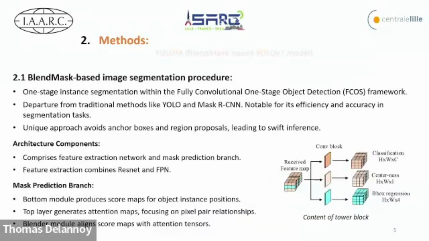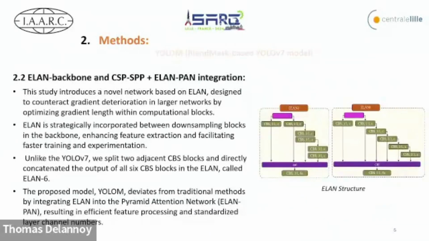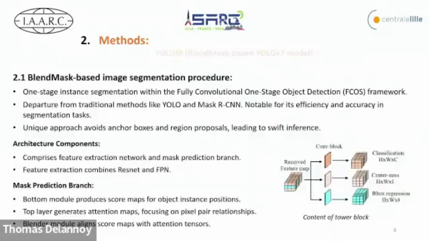Our methods have two parts. The first part introduces the BlendMask-based image segmentation procedure, and then we introduce the structure of our YOLO-M. But because of the limited time, I will go very quickly through 2.1, the BlendMask-based image segmentation procedure.